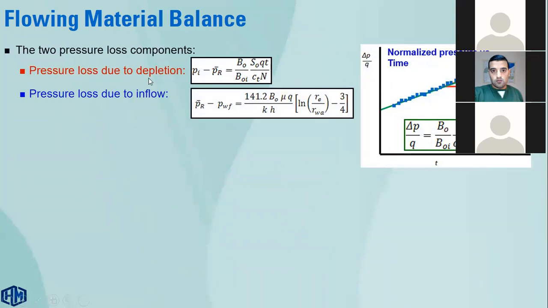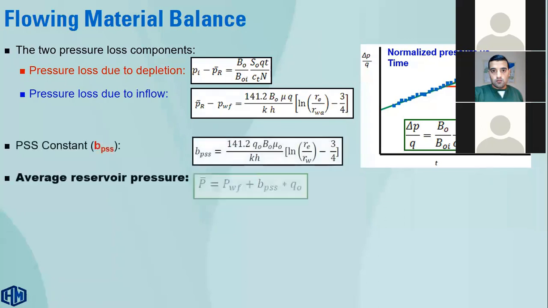This is the definition of pressure loss due to depletion, this equation, and pressure loss due to inflow. Pi minus average reservoir pressure is the pressure loss due to depletion, and Pr minus Pwf is the pressure loss due to inflow across the perforations. After that, if we plot delta P over q versus time, as you can see in this plot, we will get this term b_pss, the pseudo-steady state constant.